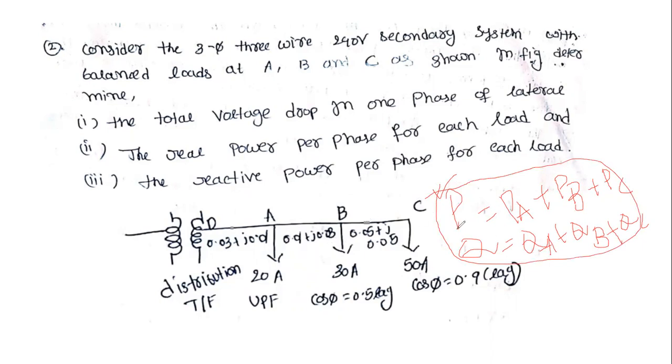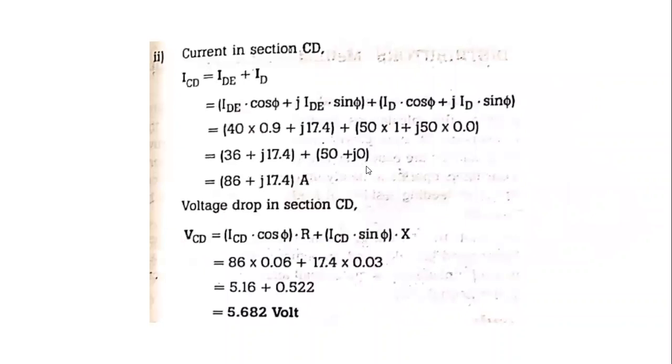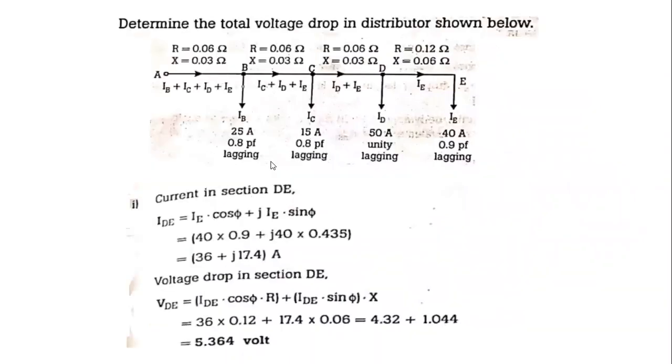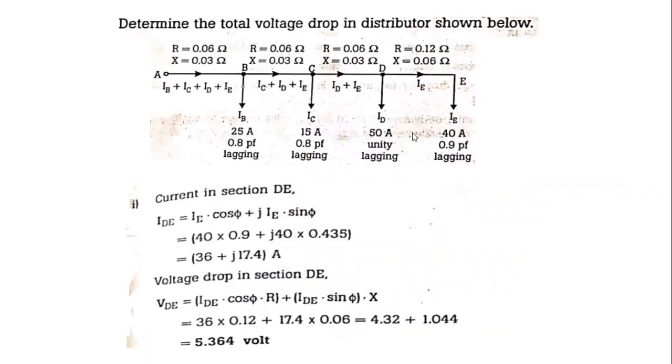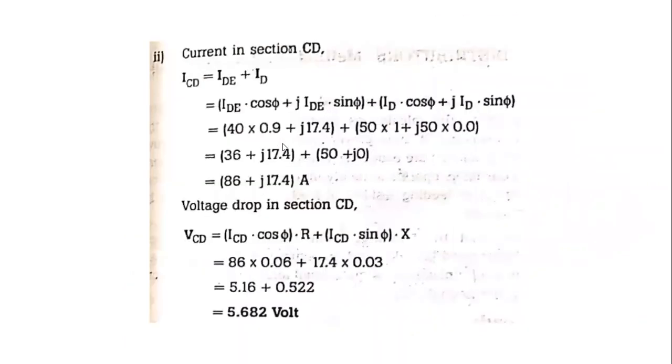We have 3 loading points, that's why we add the 3 reactive powers and 3 real powers. These are the various voltage drops at each and every section. This is the ring main distribution feeder for non-uniform loading problems.